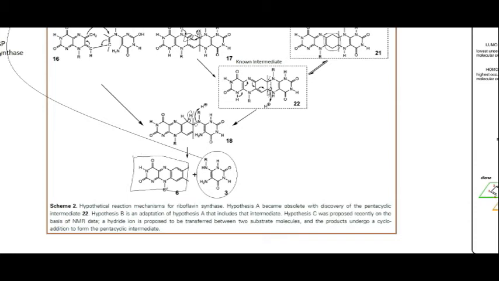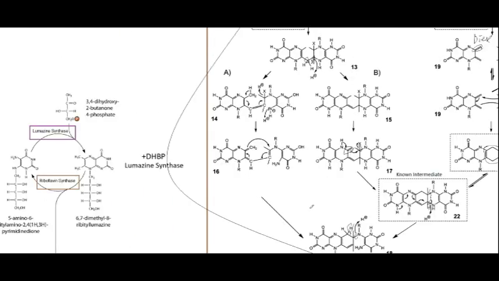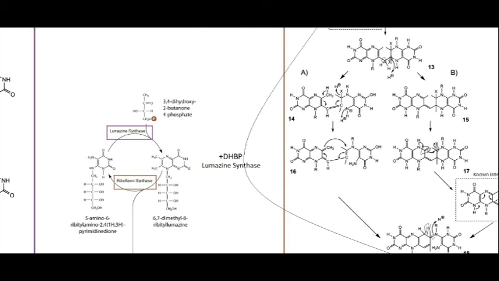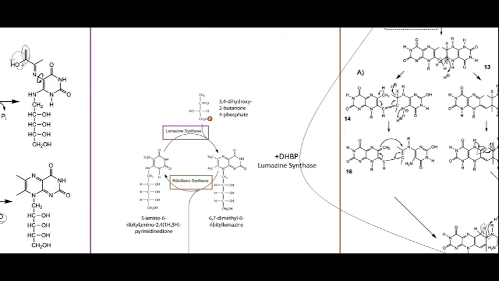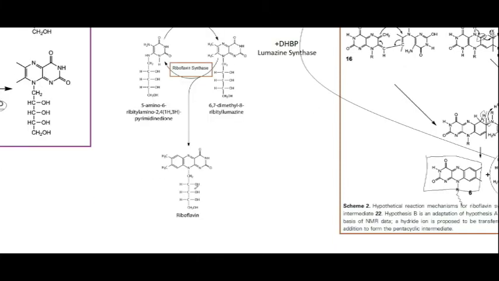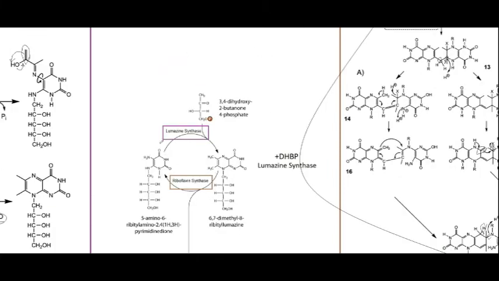This R here would just be that hydrocarbon chain made from the ribose sugar. And then this single ring structure here once again goes through the lumazine synthase step. So the single ring structure comes back here. We have a riboflavin coming out here, the single ring structure going back to the lumazine synthase.